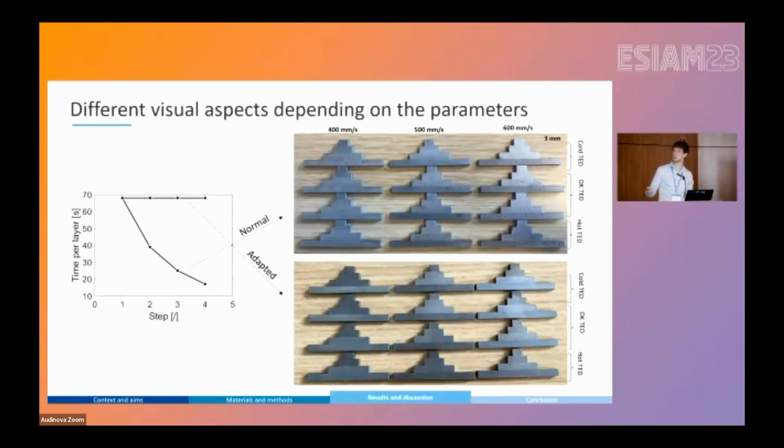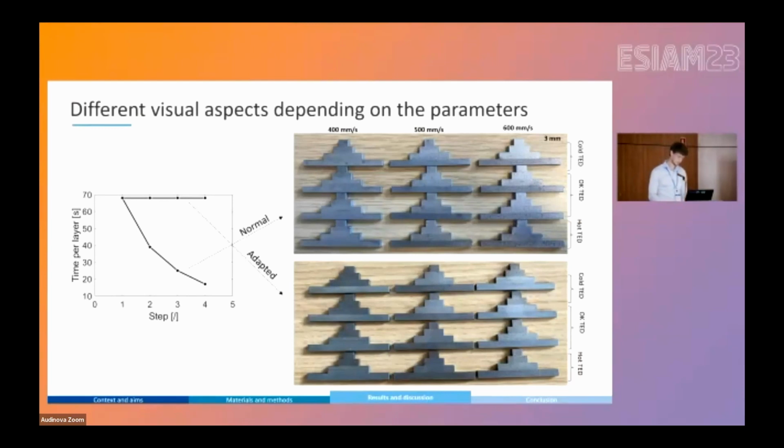So you can see here the normal batch above, and below the adapted one with fixed time per layer. We clearly see on all the samples that there are a lot of inhomogeneities on the surface, depending on which step we are. We can see that those samples are quite good, but we are still able to see some stratification.